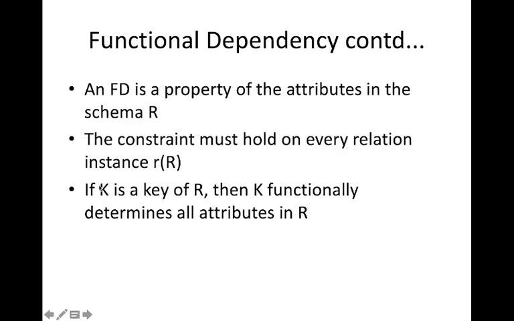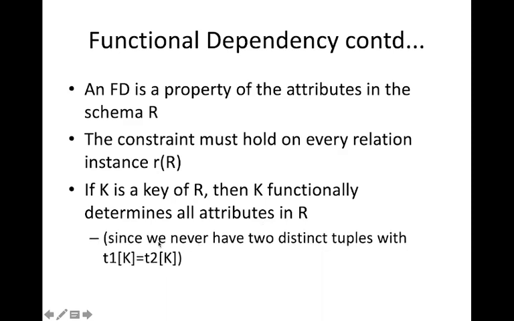K can be a single attribute or a set of attributes. Because we cannot have two distinct tuples with t1 of K equal to t2 of K. It can never happen. No two rows will have the same key value.